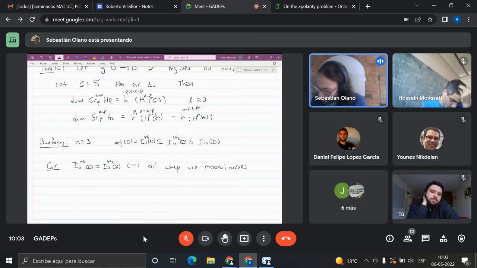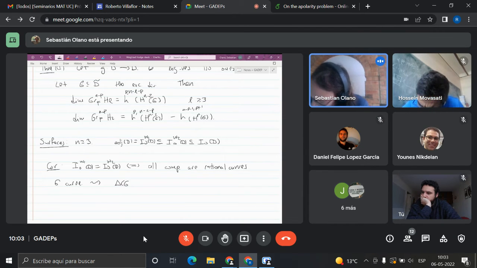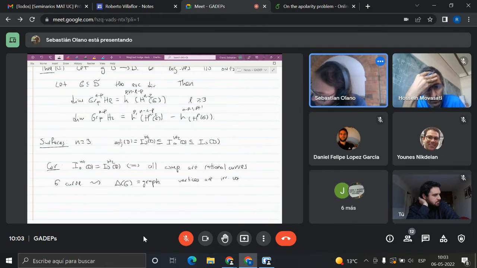And the second part is that associated to G, which again is a curve, we can associate what we call the dual complex of G. This is going to be a graph whose vertices are irreducible components and edges are intersections.